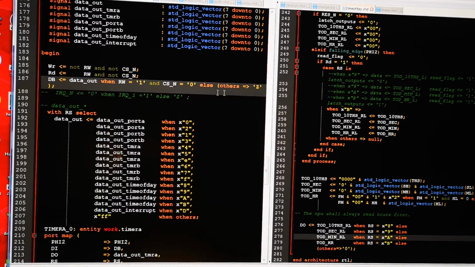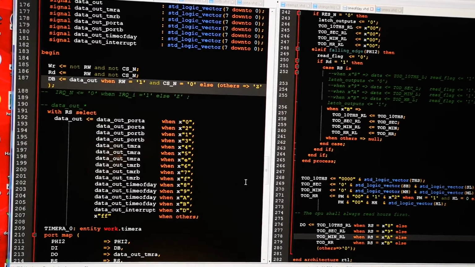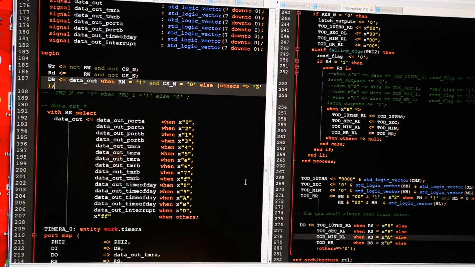The reason why I did this is because I want to control the tri-state of the data bus in one place. Because in FPGA you don't have tri-state logic, you only have logic, zeros and ones. So therefore, you don't want tri-states inside your design, except if you're dealing with an output pad, because there you can have tri-states.